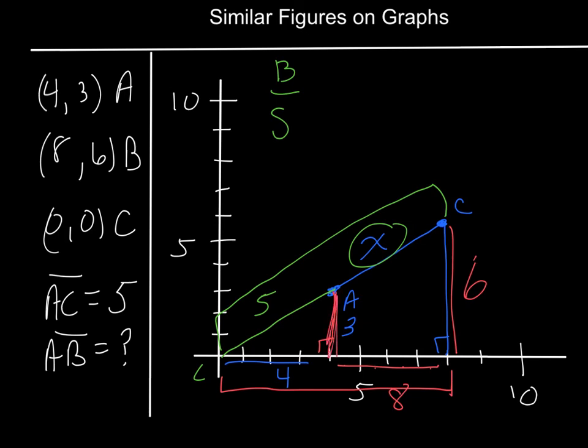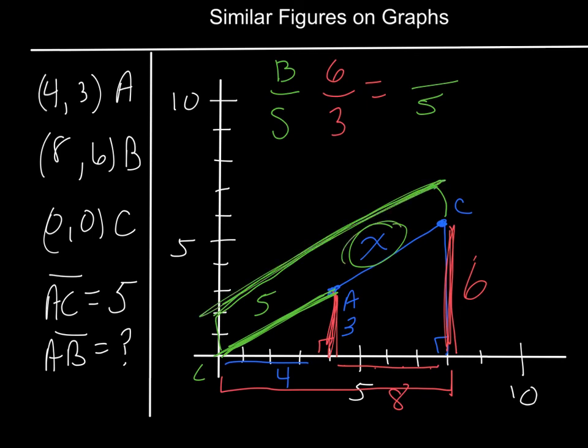So the height of the small and the height of the big, so it's going to be 6 over 3 is equal to, and then the easy part is the angled part of my small, that's 5, and then the angled part of my big goes all the way across here.